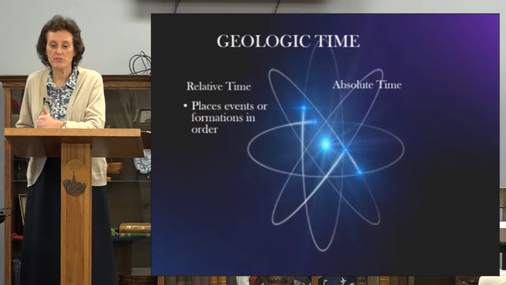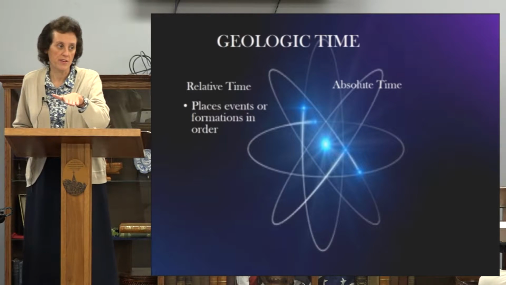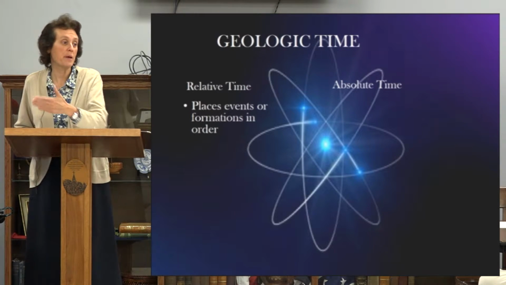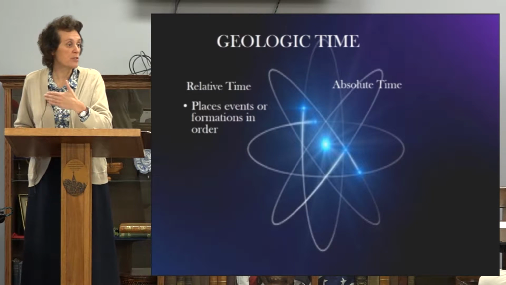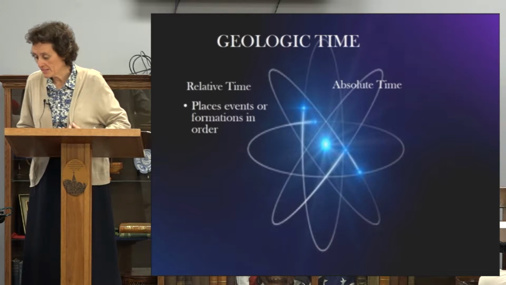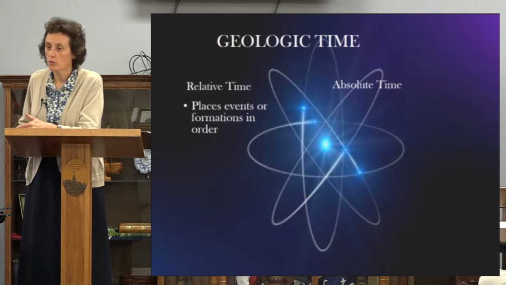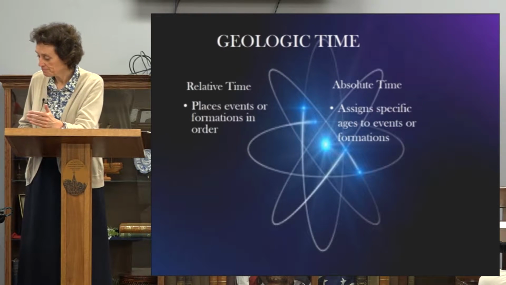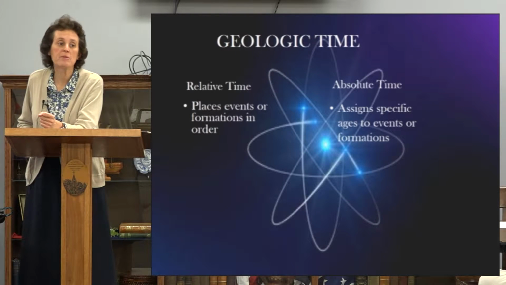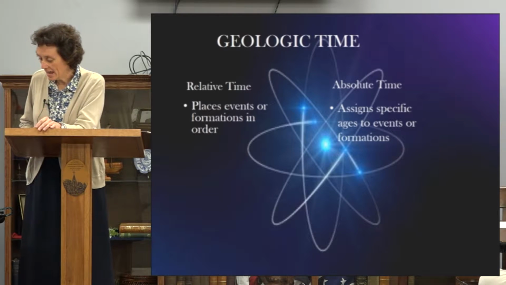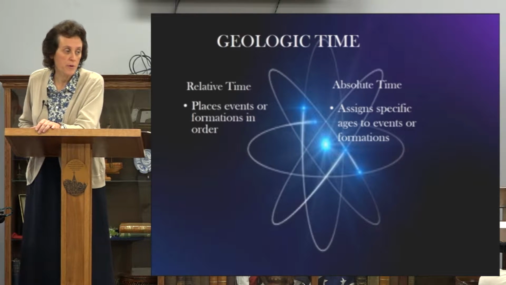It just establishes, okay, this is older than this, or this is younger than this. That's a comparative type of dating, so it's called relative dating. It places events or rock formations in order, oldest to youngest. Absolute time is called absolute time because it uses numbers. It assigns a specific age to an event or a specific age to a rock formation.